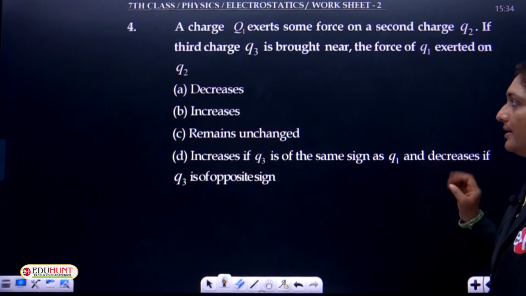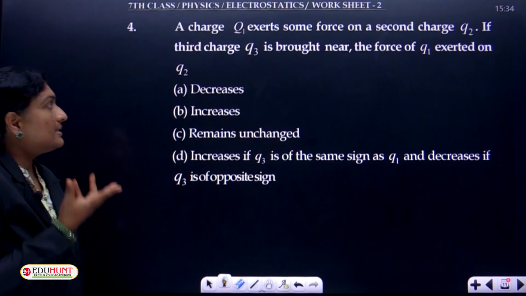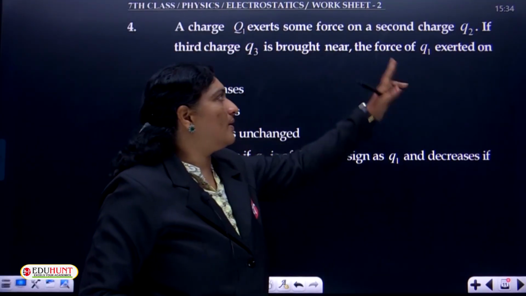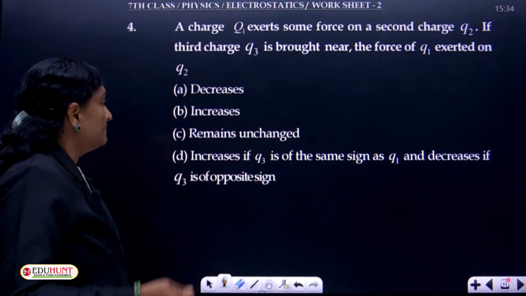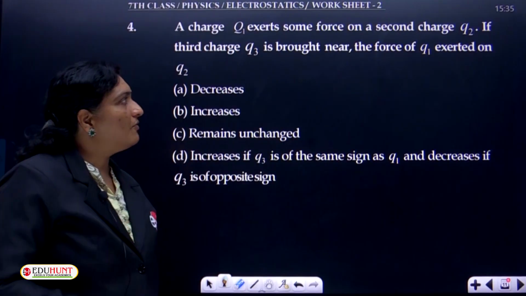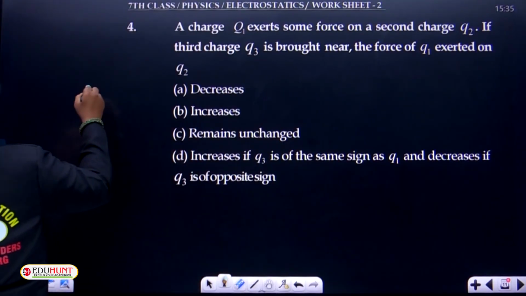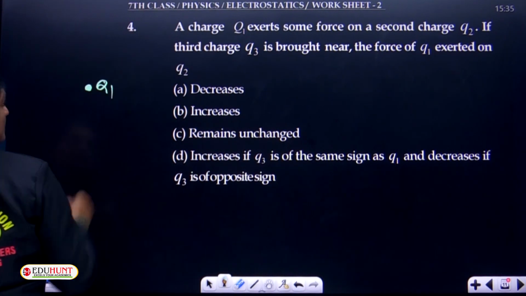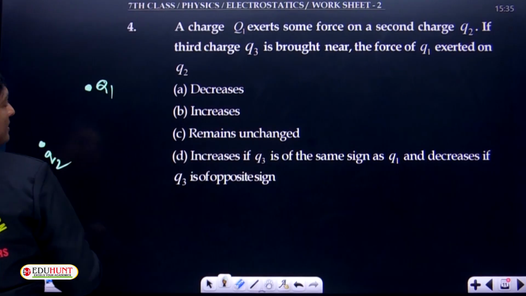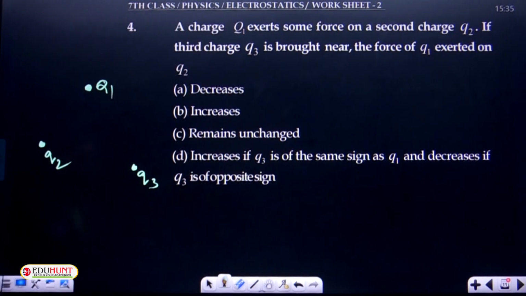So, now moving to the next question, the fourth one. A charge Q1 exerts some force on a second charge Q2. So, there are two charges given, one is Q1, the other is Q2. If a third charge Q3 is brought near, the force of Q1 exerted on Q2 will be what? Here, a charge Q1 is there, a second charge Q2 is there, and a third charge Q3 is also there.